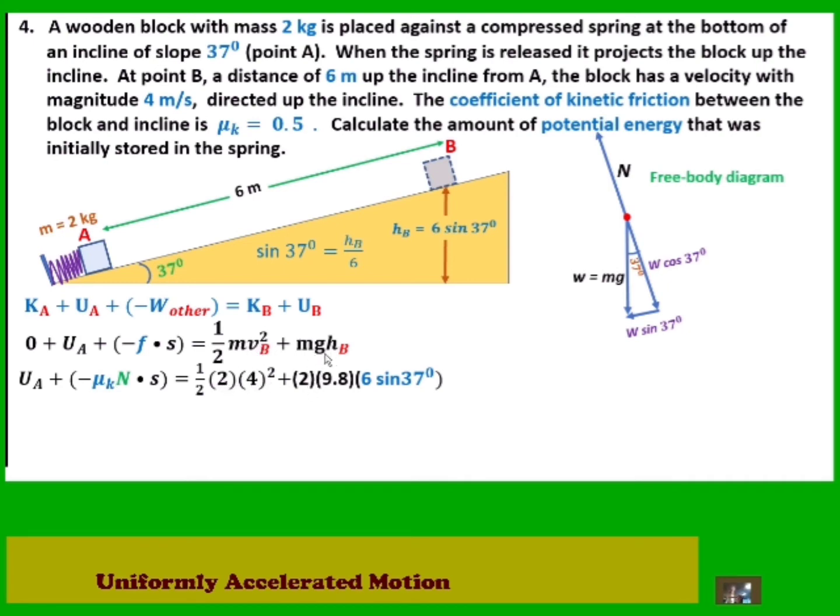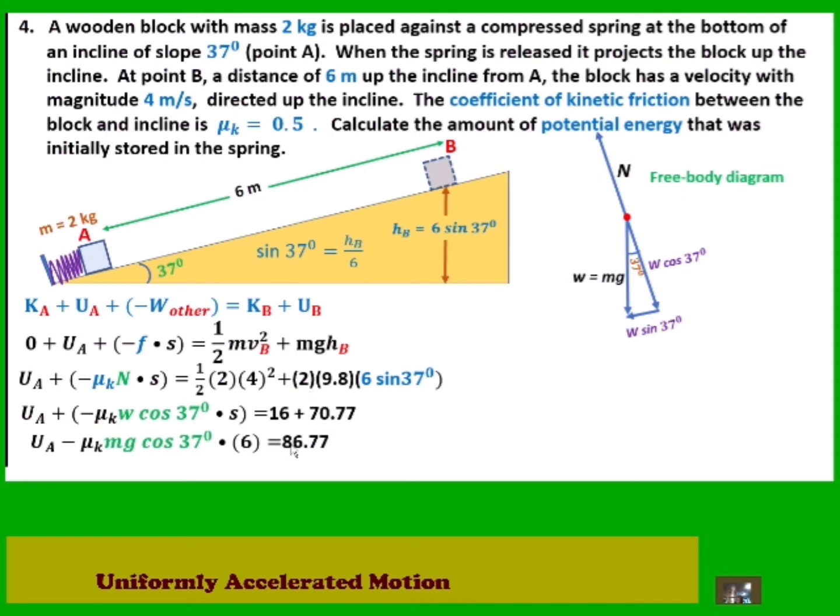Its mass is 2. Acceleration due to gravity is 9.8, and the height at point B is 6 times sine of 37 degrees. Simplify this one. The normal force from our free body diagram is equal to weight times cosine of 37 degrees, but the weight is equal to mass times acceleration due to gravity.